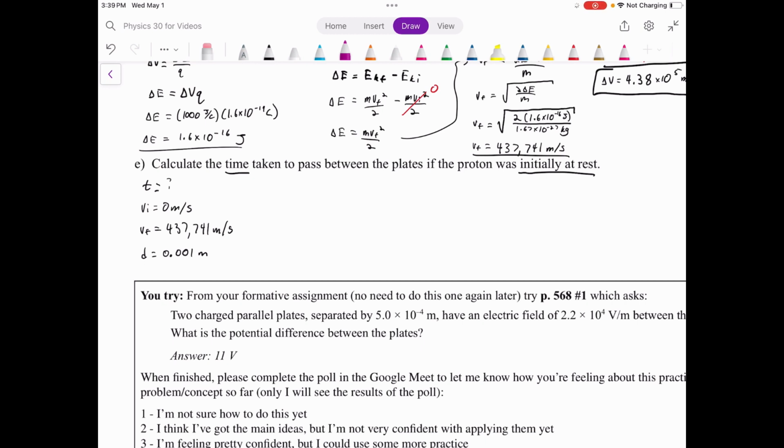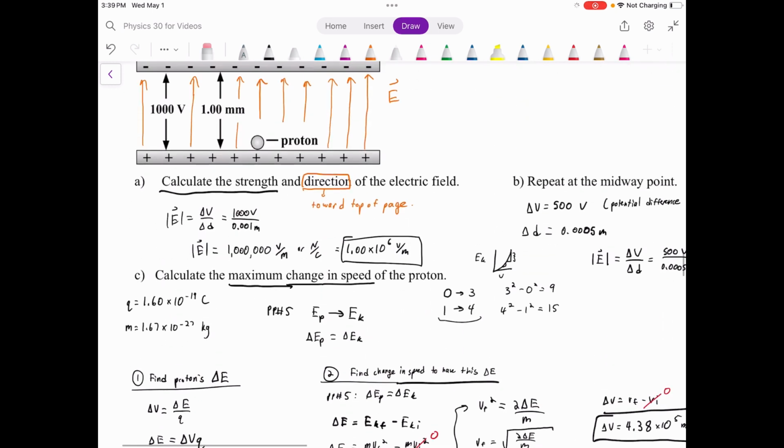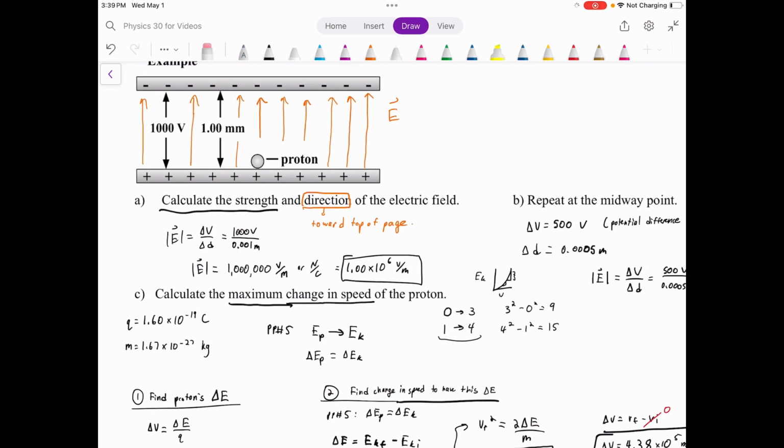And so pausing there for a second, I noticed that we've got 3 of the kinematics variables and we want to know a 4th, right? So if you recall from physics 20, whenever we have three of the five kinematics variables, the other one being the acceleration, which we actually could find here because we could use the electric field to, again, find the force and then use the mass with the force to find the acceleration.